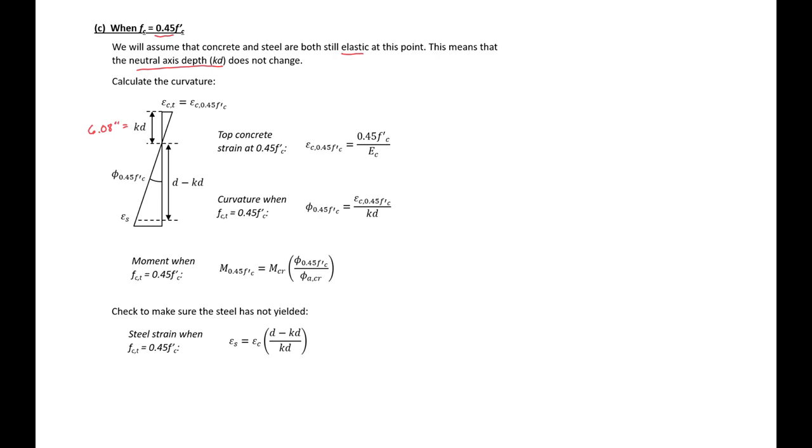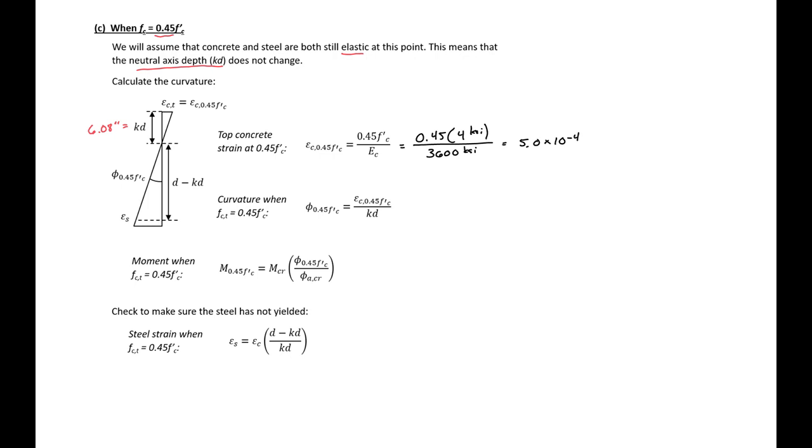So now we can find our concrete strain at the top. And we'll do this just by dividing our 0.45 f'c by Ec. So for us, we have 0.45 times 4 ksi divided by 3,600 ksi, which will give us a strain of 5.0 times 10 to the negative fourth.